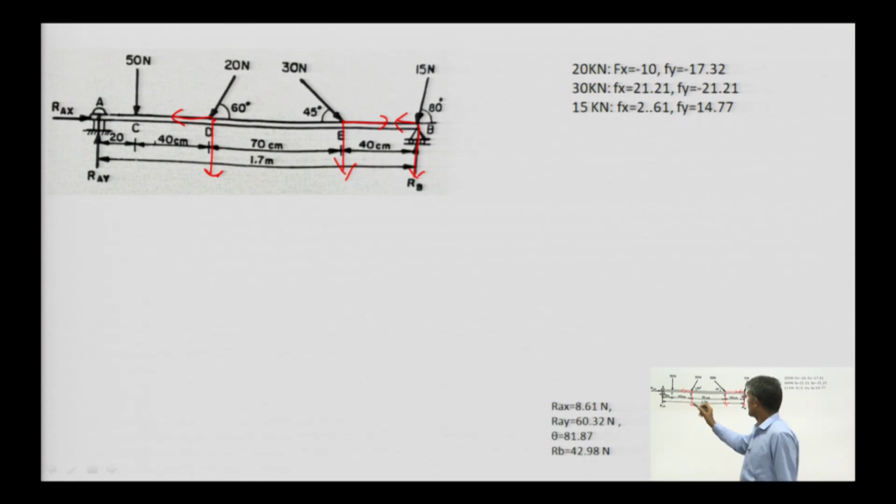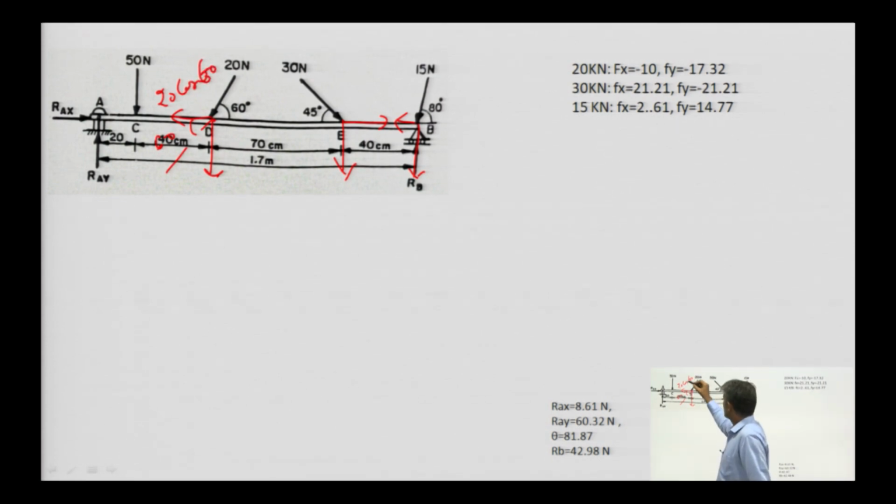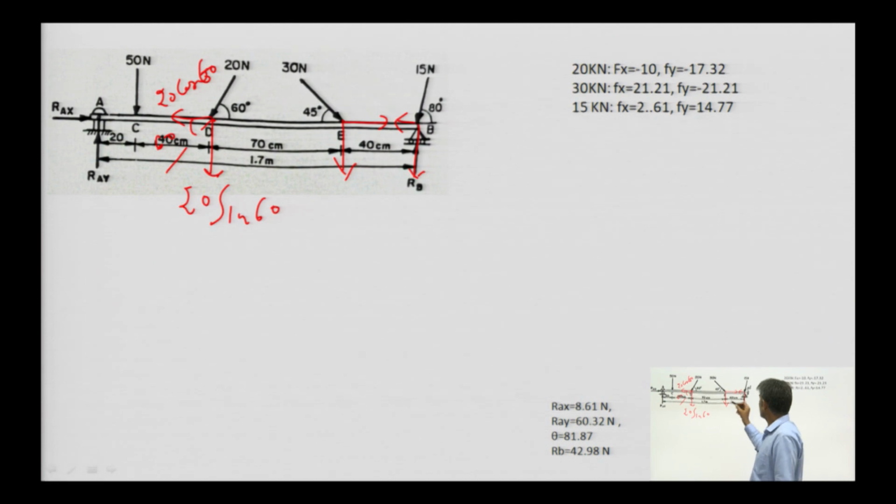What will be the component? Since this angle is theta, it will be 20 cos theta, theta is 60, and it will be 20 sin 60. This is the component. What will be this component? This angle is 45, so this is also 45.